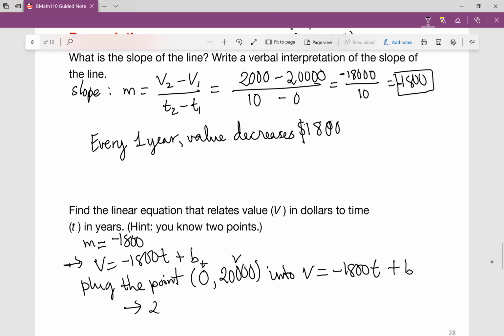So V was 20,000 equal to negative 1,800 times 0 plus B.